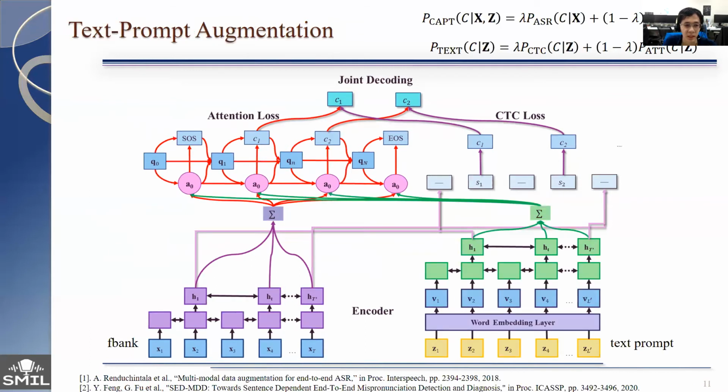Okay, I will now move on to the end-to-end based MD system that we propose. Our architecture is inspired by the first paper, and a similar work is the second paper, SED-MDD, proposed in ICASSP 2020. Different from the first paper, which uses arbitrary synthetic text, we use the text prompt of the training utterance for text-based augmentation.